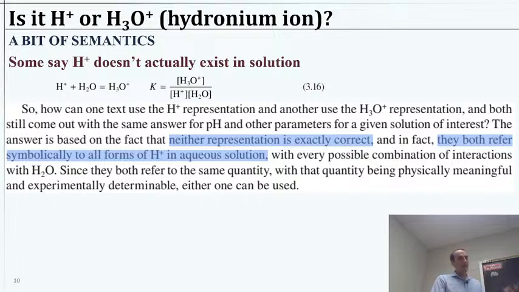So in essence, there's going to be some H plus, but ultimately it's okay to just symbolically represent both with H plus or with H3O plus. So convention then is just use H plus, right? Physically, whatever we can use to discern them, that's what it is. It just makes sense to use H plus.